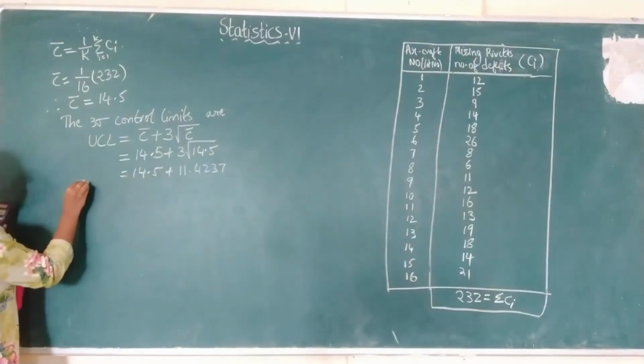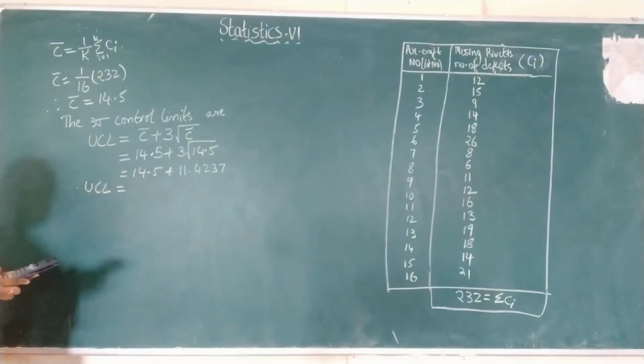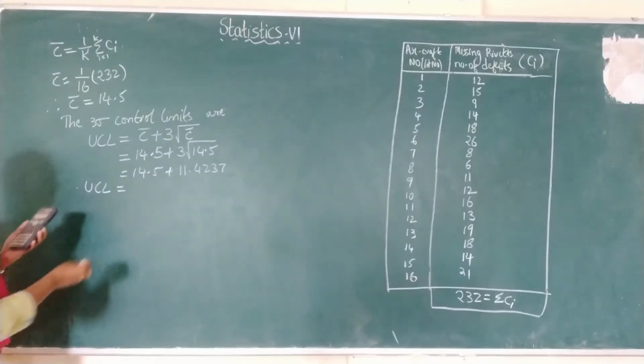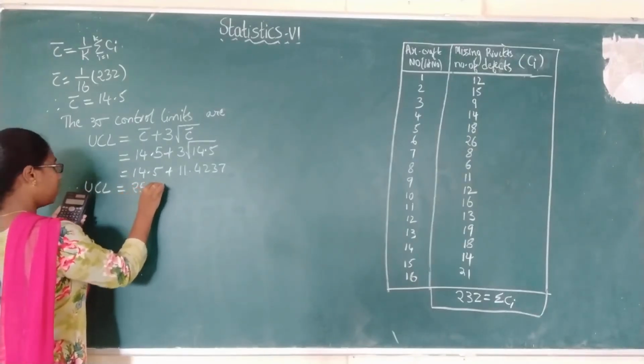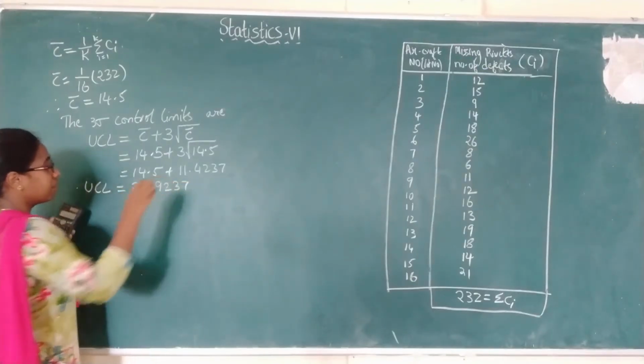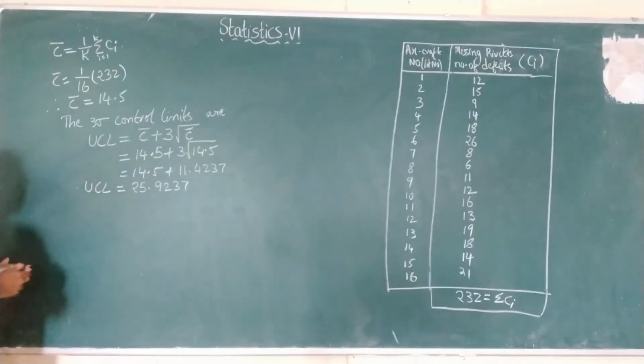So the required UCL equals 14.5 plus 11.4237. So you will be getting the UCL value as 25.9237. This is the required UCL value.